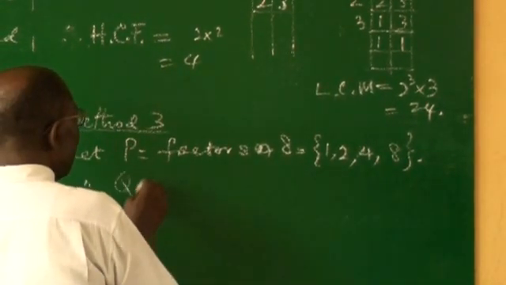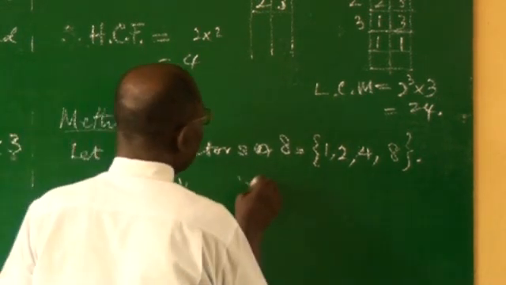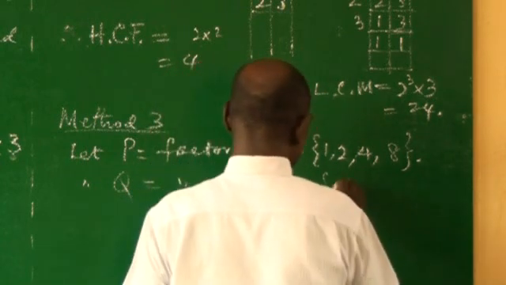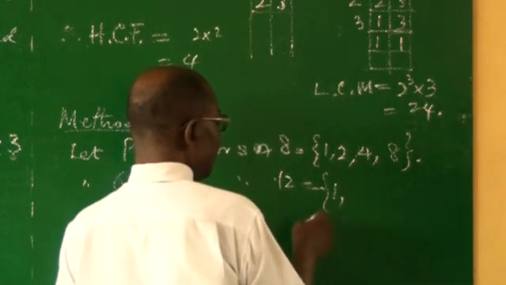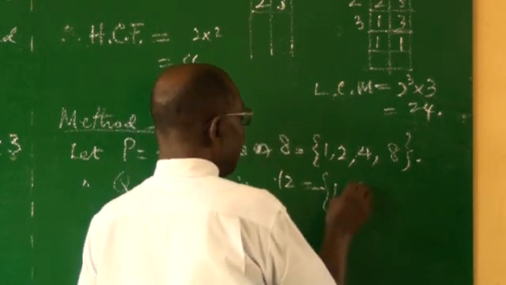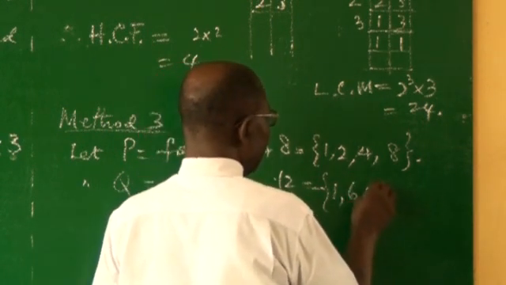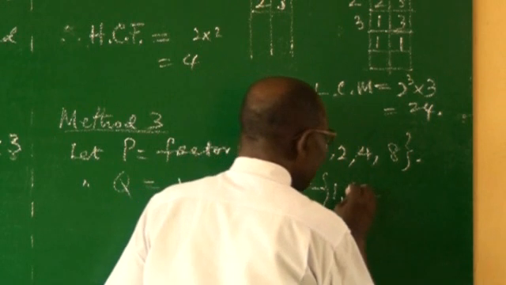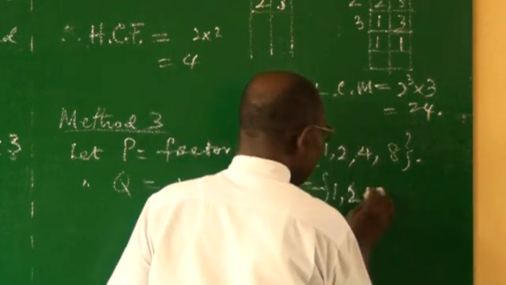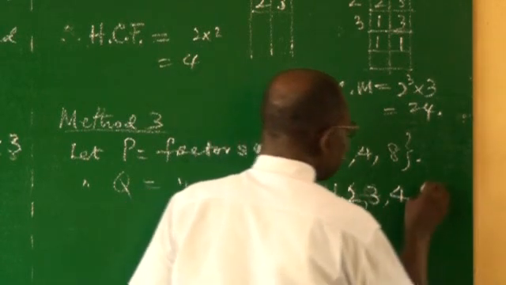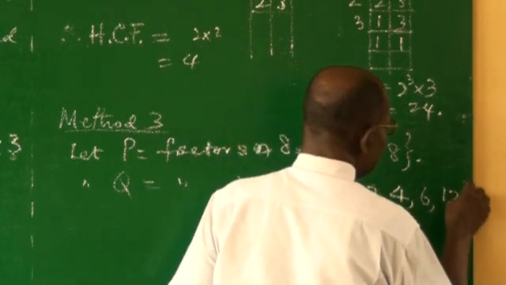Let Q represent factors of 12. If we do so, we have 1 can divide 12, 2 can divide 12, 3 can divide 12, 4 can divide 12, 6 can divide 12, 12 can divide itself.